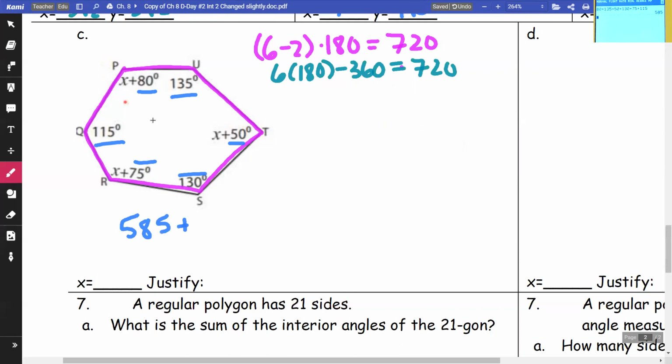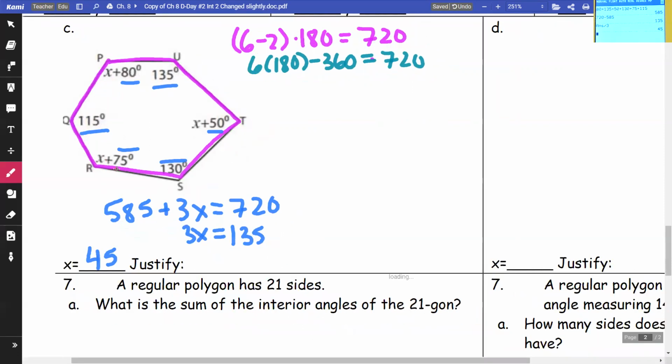I have x, 2x, 3x is equal to 720, and I'm going to solve. So I'm going to minus 585 from 720, and I get 135. I'm going to divide that by 3, and I get 45.